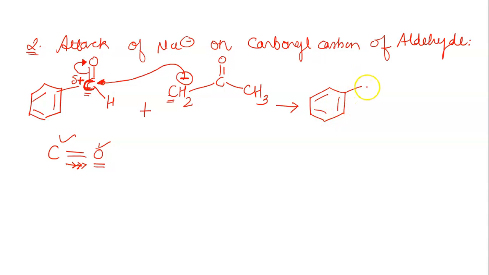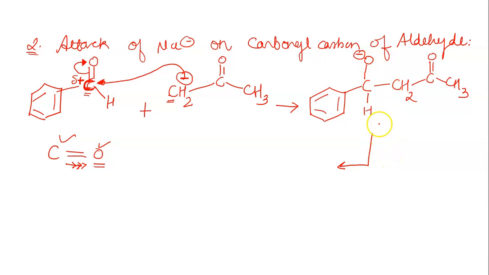Benzaldehyde, carbonyl. Now this carbonyl carbon has got one hydrogen and it is attached to the acetone CH2 of the nucleophile, C double bond O, CH3. Okay, and this was a double bond, but now it is converted into single bond and oxygen gains a negative charge. Okay, now in your medium you will also have plenty of water molecules.